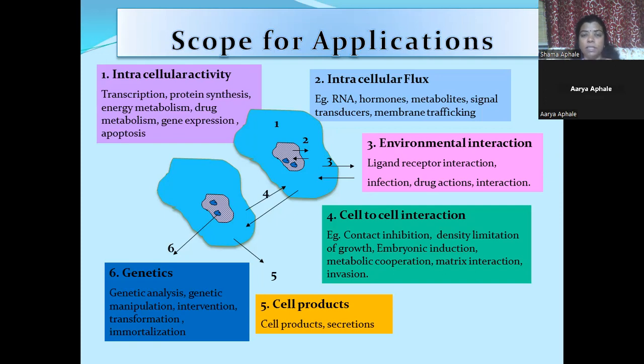This technique of immortalization provides us with cell lines which are comparable to the normal cell lines. So you can study various phenomena on the immortalized cells, which are near to the normal cells.